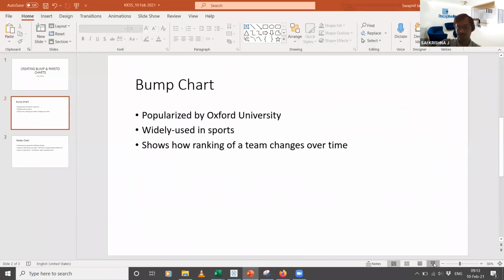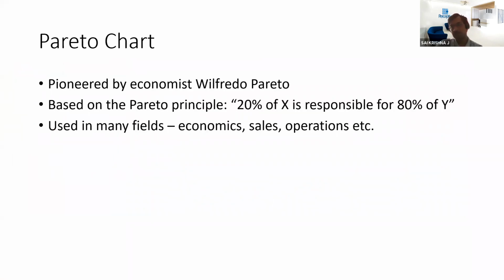Now let's talk about the next visualization, which is the Pareto chart. Okay, so this Pareto chart is named after Wilfredo Pareto, and it is based on something called the Pareto principle, where we say 20% of X is responsible for 80% of Y. The very first use of the Pareto chart told us that 20% of the people in the world hold 80% of all the wealth.